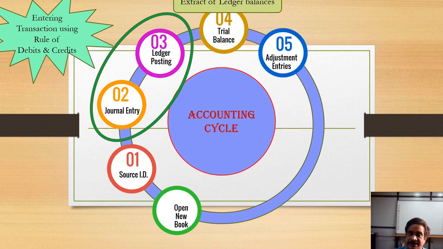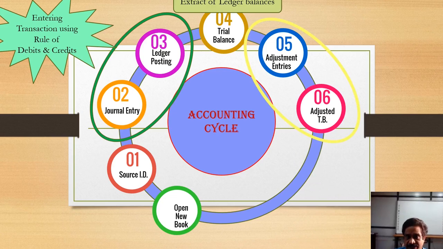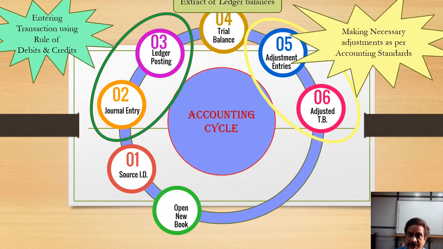Then comes the adjustment entries. Adjustment entries have to be done following the rules of accounting standards. After that, we have to prepare the adjusted trial balance. Adjustment entries topics will be covered in our future videos.